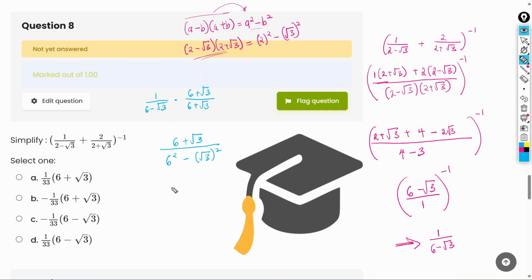So this would be 6 plus root 3 over 36 minus 3, that's 6 plus root 3 over 33. Or we could rewrite it as 1 over 33 times 6 plus root 3. So the correct option here is A.